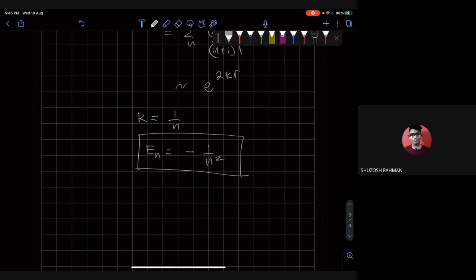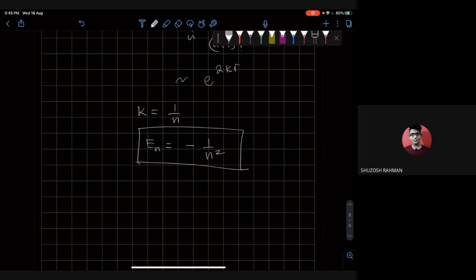Now, if I restore h, e, m, etc., then E of n just becomes minus m e to the power 4 divided by 2n squared h squared. And now remember that n is always greater than L. So whatever L is, n has to be at least 1 more.